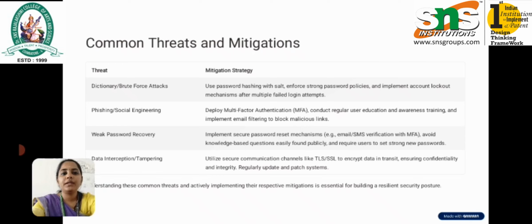For weak password recovery: implement a secure password reset mechanism and avoid knowledge-based questions easily found in public. For data interception and tampering: utilize secure communication channels like TLS and SSL to encrypt data in transit and maintain integrity.